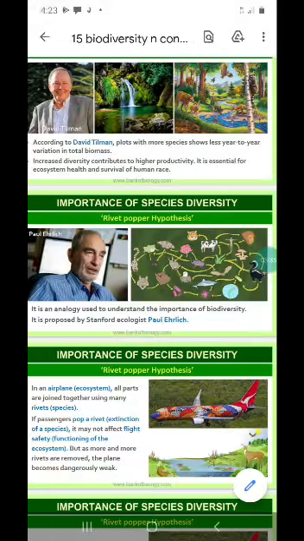And according to David Tilman, another ecologist, areas or plots with more species show less year-to-year variation in total biomass.